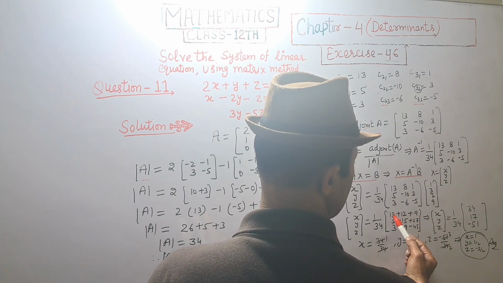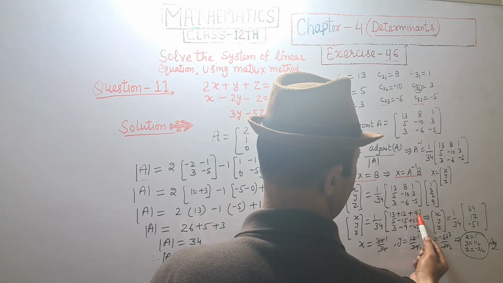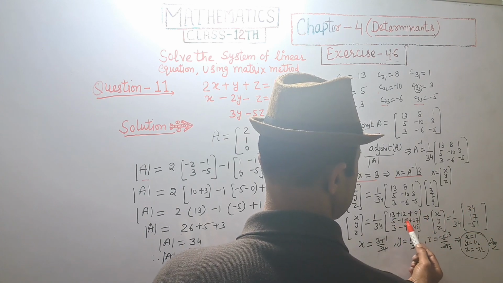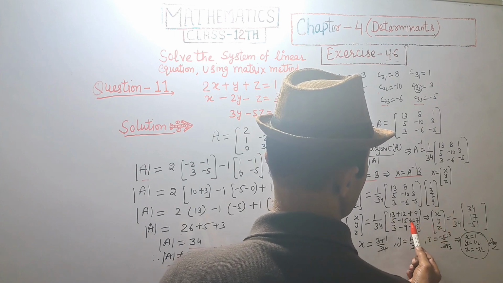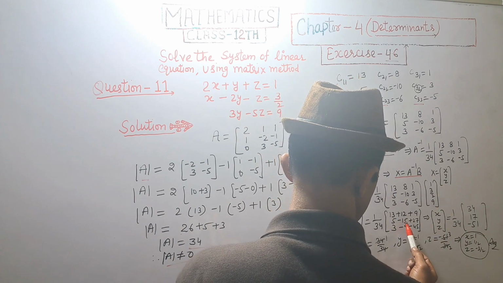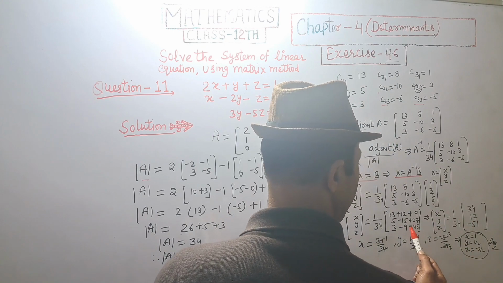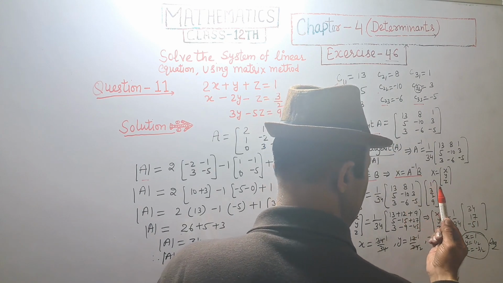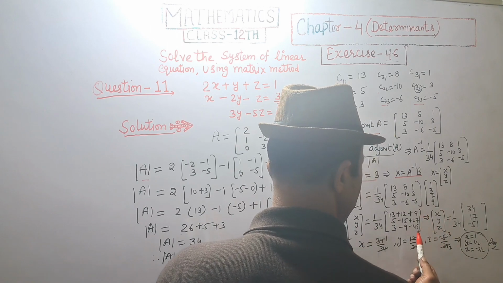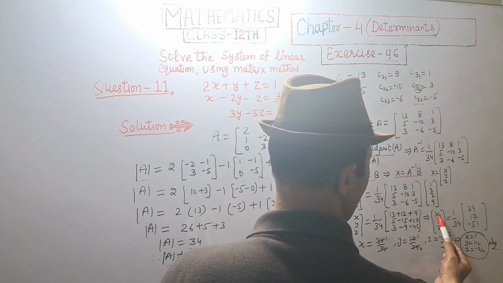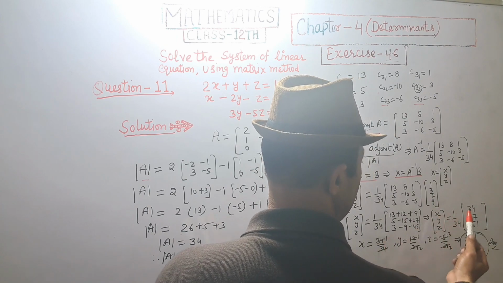Adding 13, 12, 9, that is 34, and 27 plus 5 is 32, 32 minus 15 that is 17, and 45 plus 9 is 54, minus 54 plus 3 is minus 51, and we get the values of x, y and z.